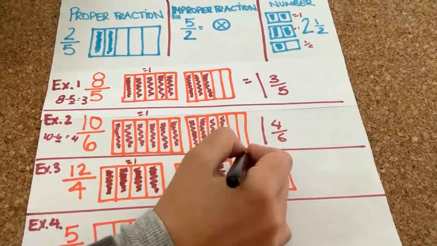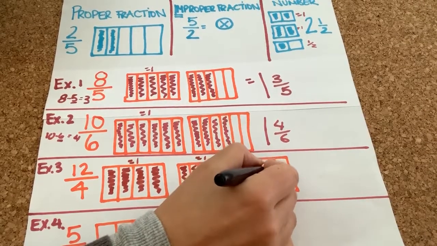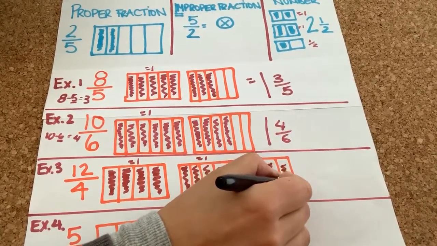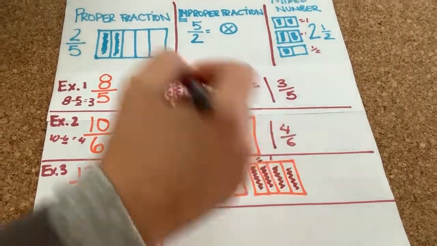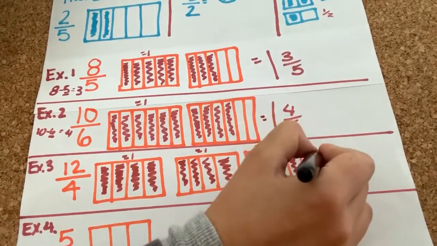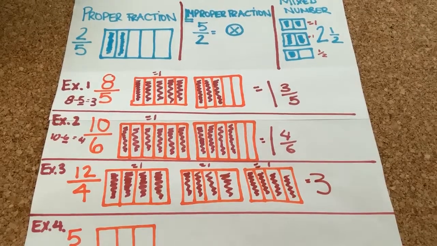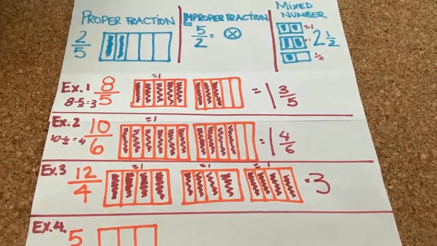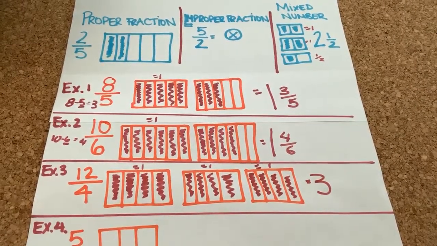Ooh, got another box. 9, 10, 11, 12. So we've got 1, 2, 3 whole. Okay, we don't need to say 12 out of 12. We've got 3 whole.